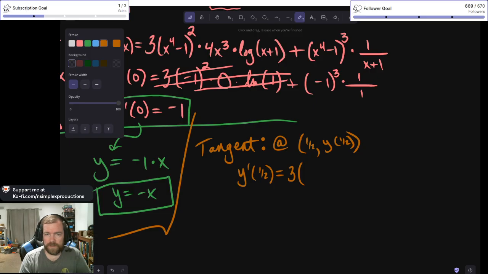3 times. This is 1/2 to the 4th is going to be 1/16 minus 1 all squared times 4 times 1/2 cubed is 1/8 times natural log of 1/2 plus 1 is 3/2.